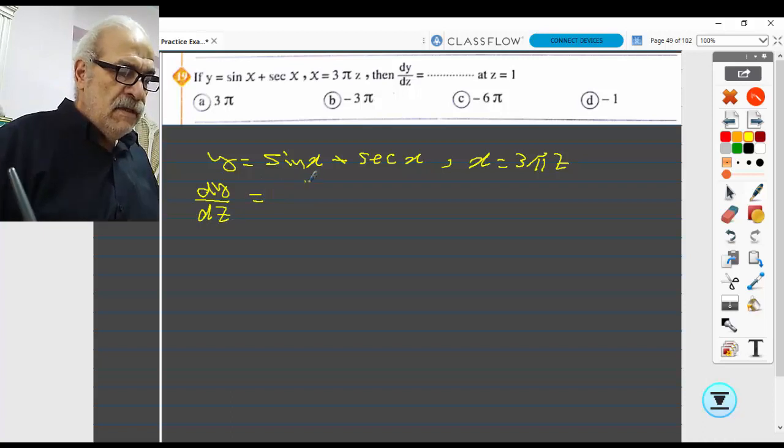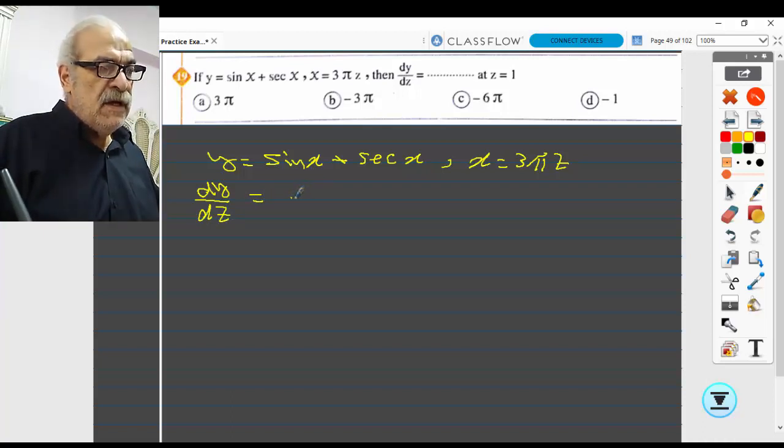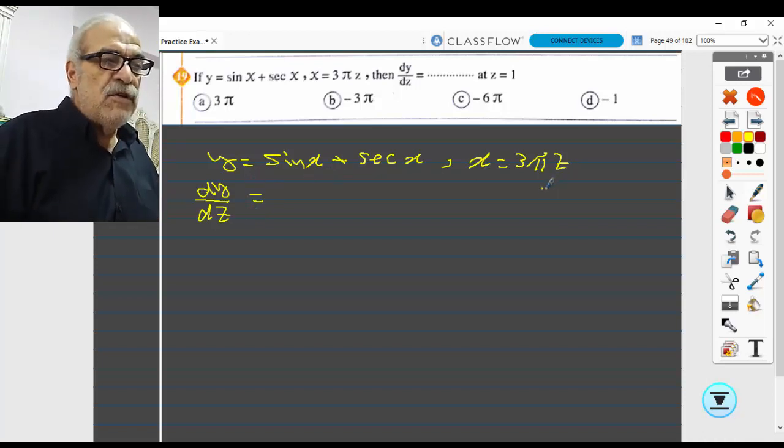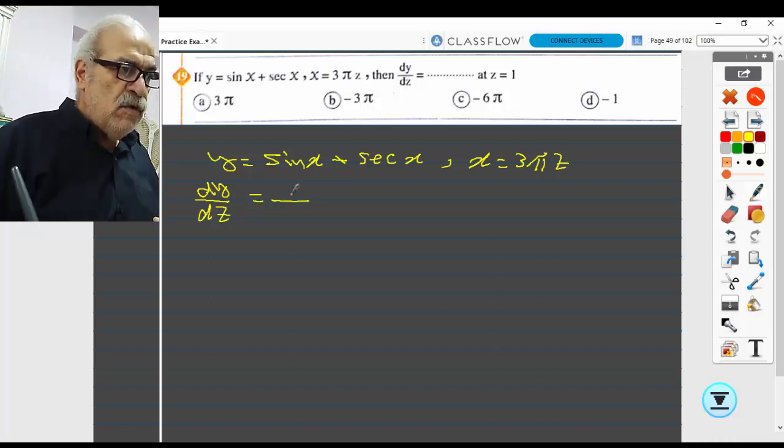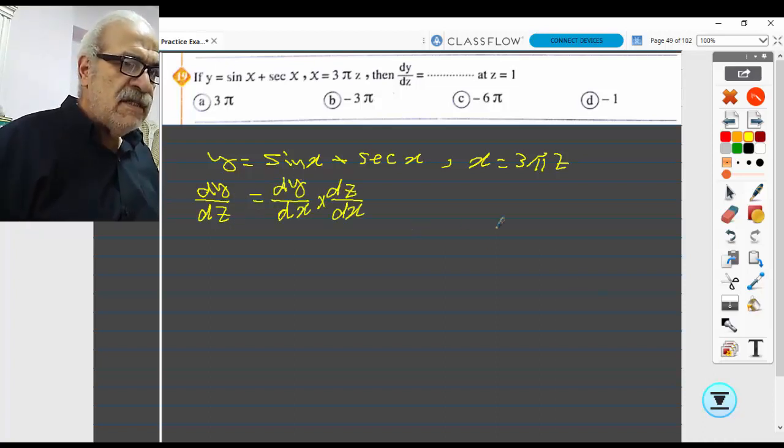Okay, equals the derivative of sine x is cosine x. Note that here it is the derivative with respect to z. And y is a function in x, and the x is a function in z. So it will be, using a chain rule, dy dz equals dy dx times dx dz.